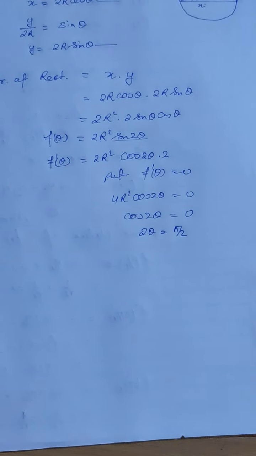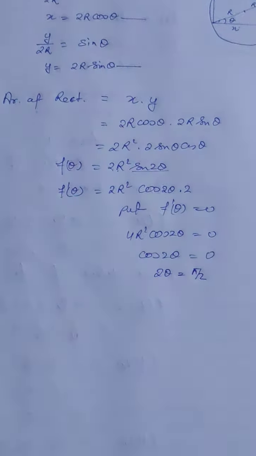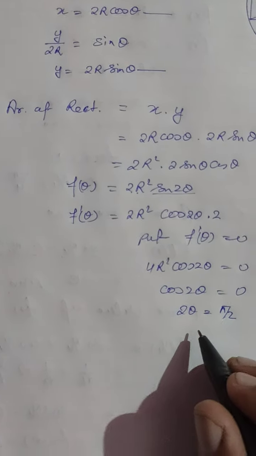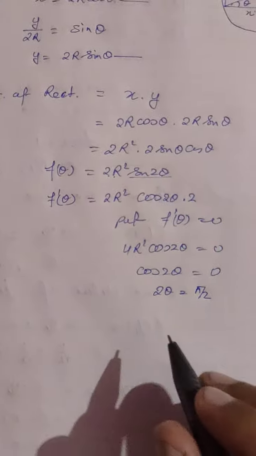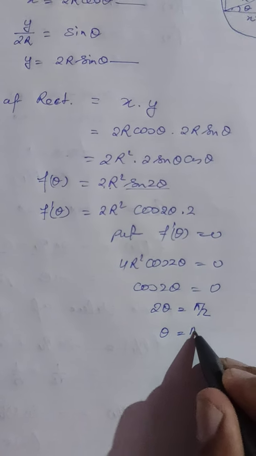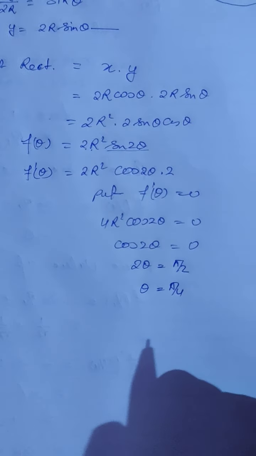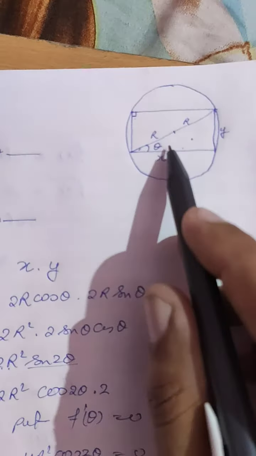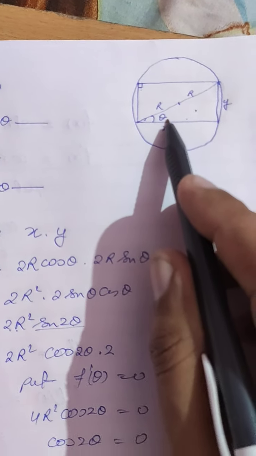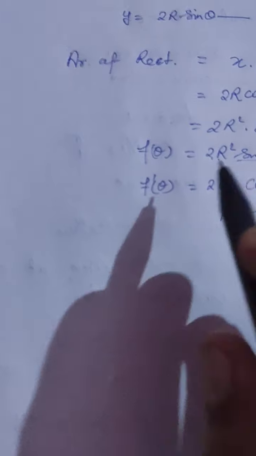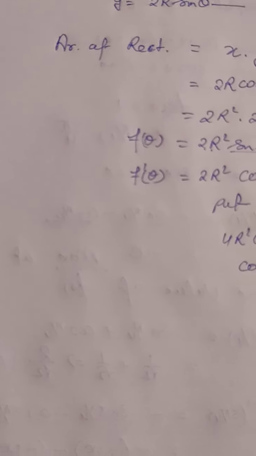It is pi by 2 as well as 3 pi by 2, but 3 pi by 2 will go beyond the conditions in the rectangle. This angle could not be that much, so theta will be pi by 4. If theta is pi by 4, then f dash theta will be equal to 0.